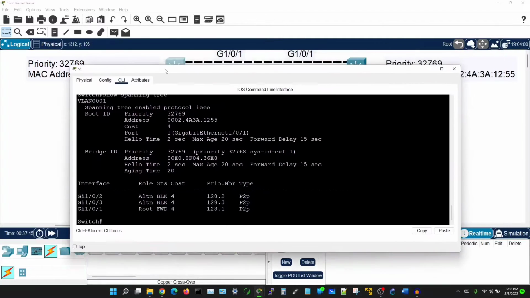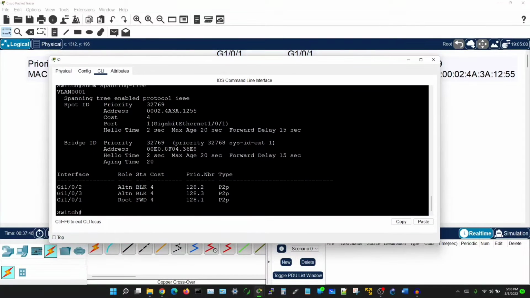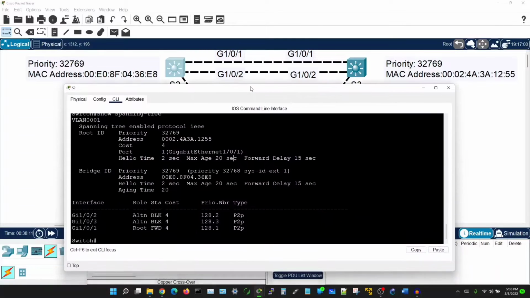Okay, so as we see here, we can confirm this information about the root, and as you can see, it has a cost of 4, and the port is gigabit Ethernet 1/0/1.